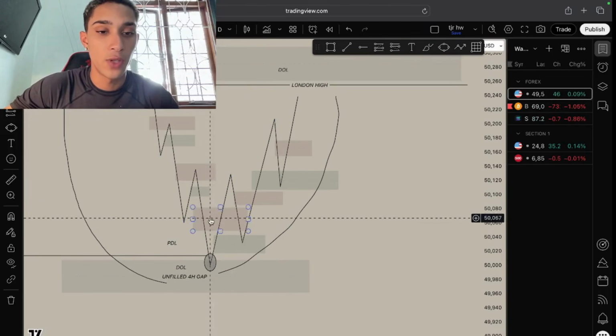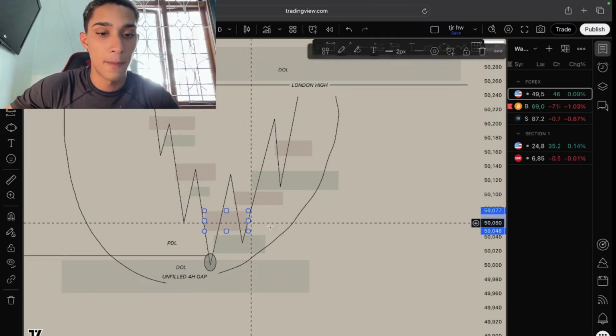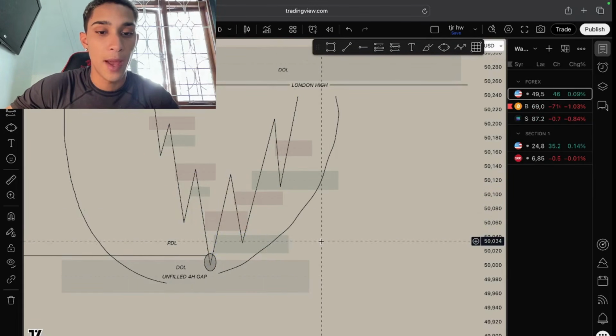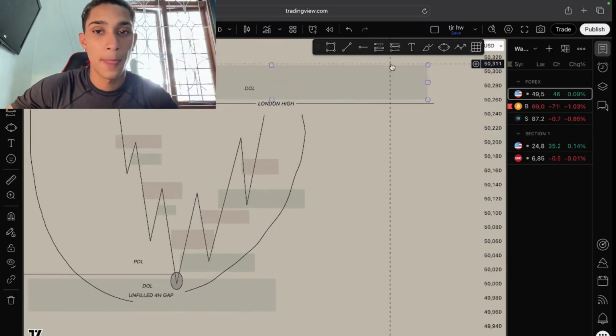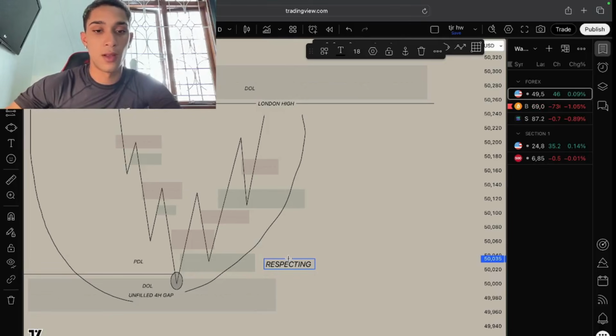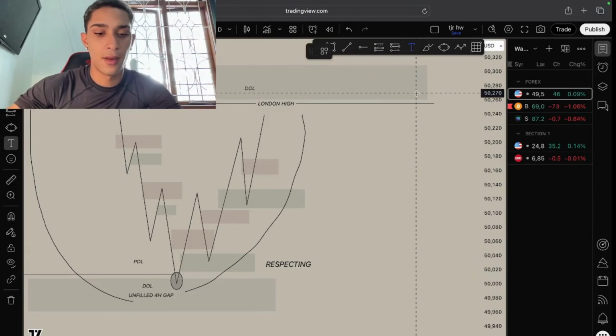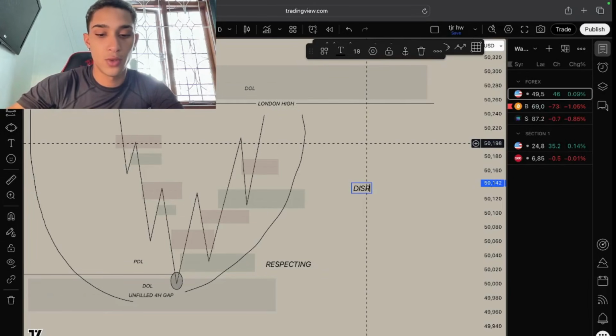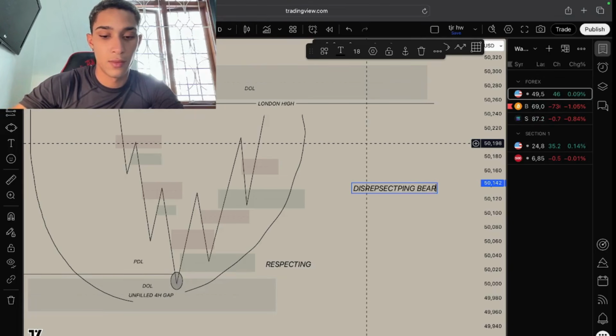We disrespect the bearish gap, come lower into a bullish gap, and now we are doing what? Respecting bullish and disrespecting bearish.